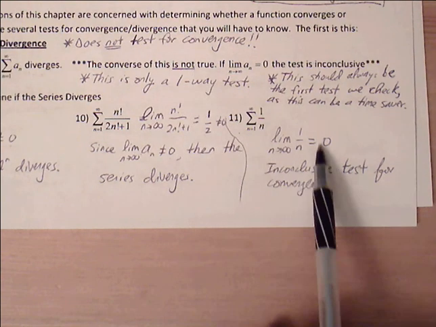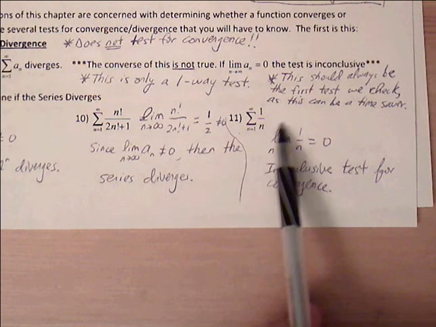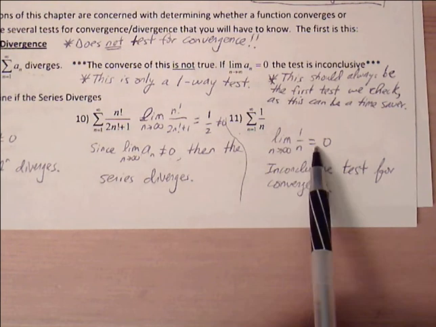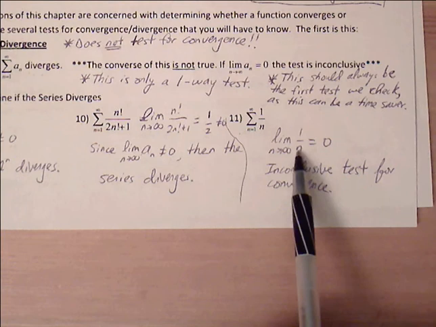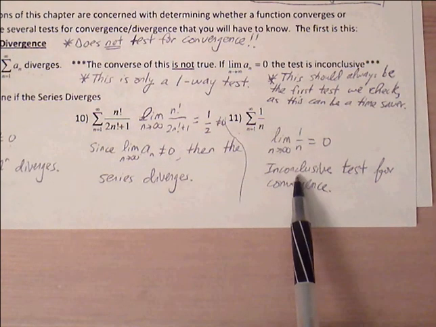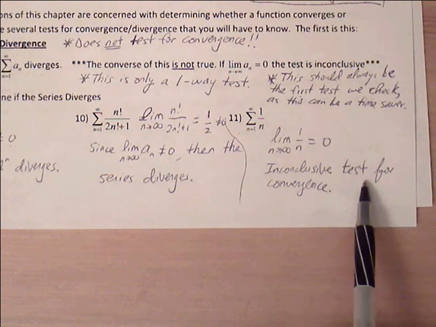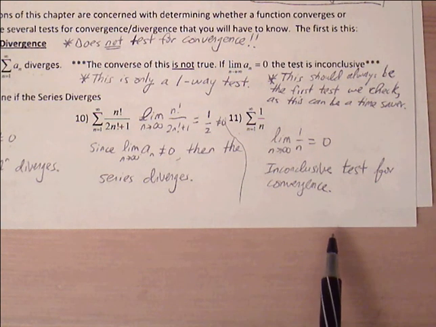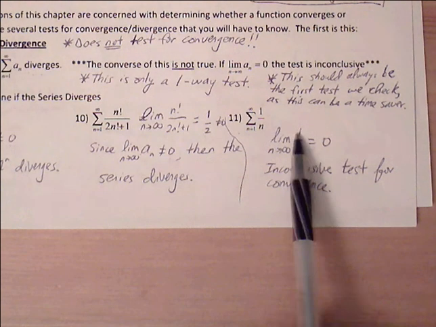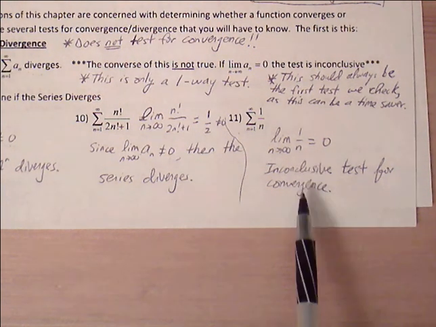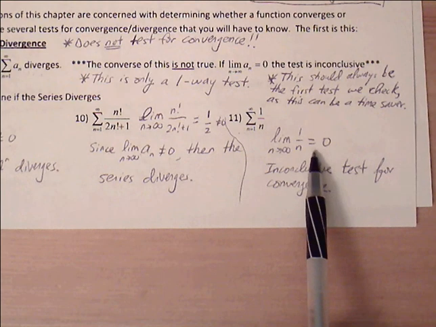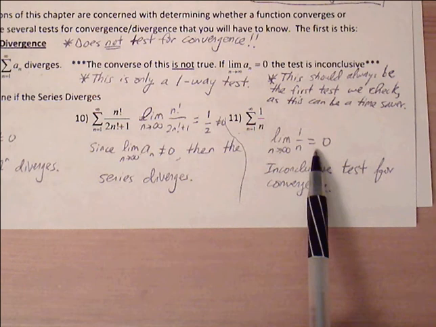So just because it's equal to 0, what we can say is that the nth term test for divergence is not conclusive. This may or may not be convergent. Based on the nth term test alone, we cannot make a conclusion for convergence. But just for future reference, this 1 over n does end up being divergent, even though the limit of the sequence as n approaches infinity is equal to 0.